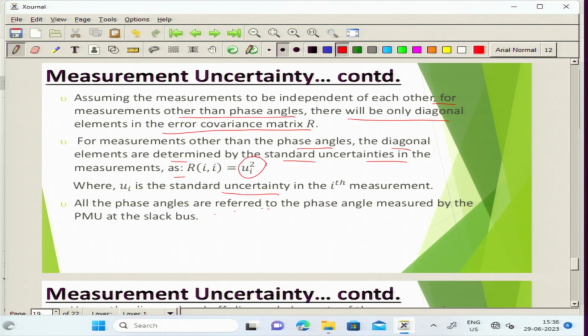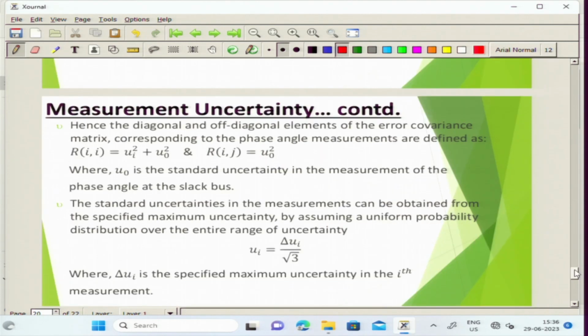All the phase angles are referred to the phase angle measured by the PMUs at the slack bus. Hence the diagonal and off diagonal elements of the error covariance matrix corresponding to the phase angle measurements are defined as Rii is equal to Ui squared plus U0 squared, and Rij is equal to U0 squared, where U0 is the standard uncertainty in the measurement of the phase angle at the slack bus.